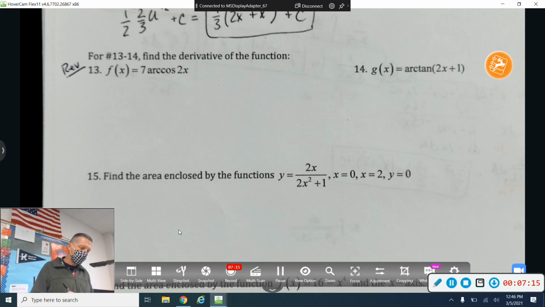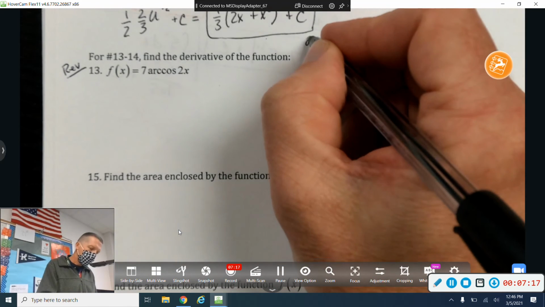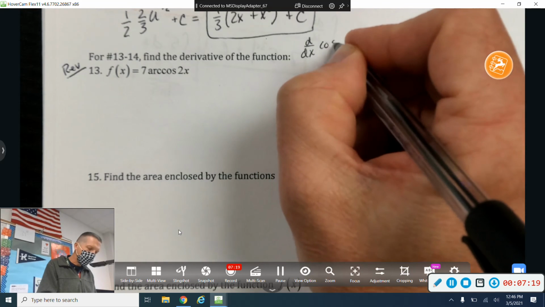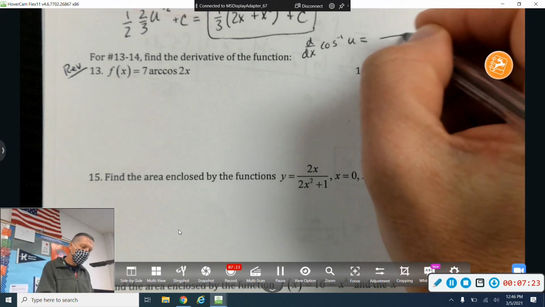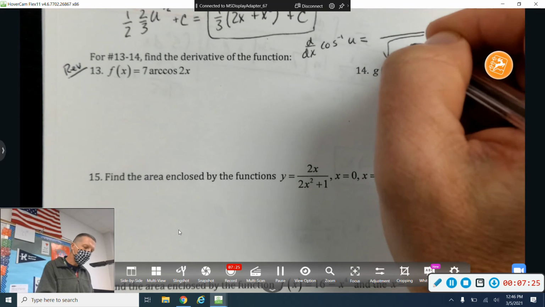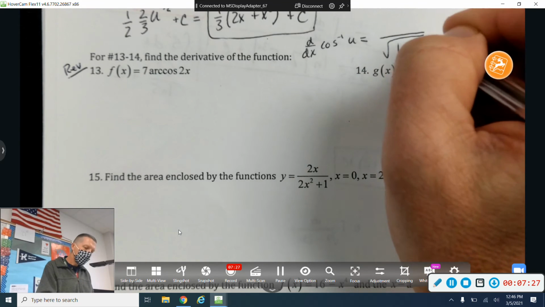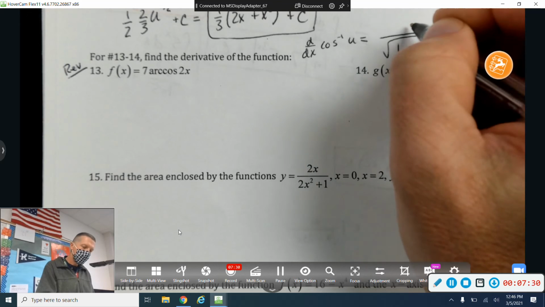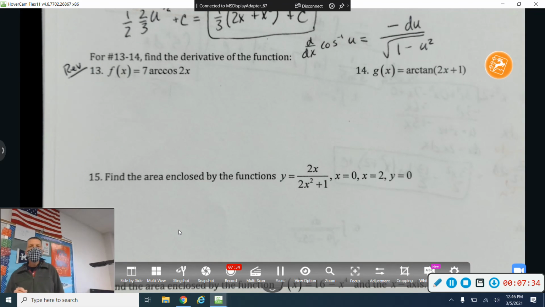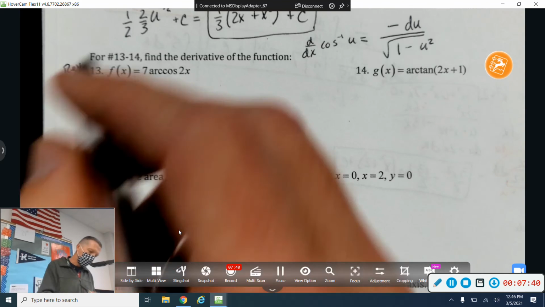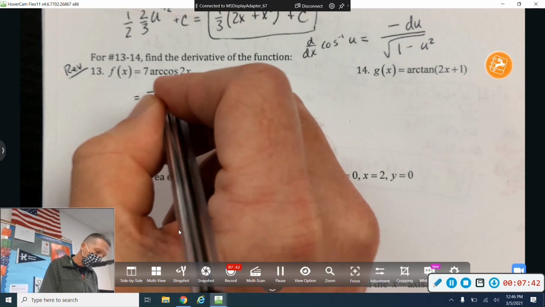Arc cosine. Maybe I write the rule out here to myself. Derivative of arc cosine. So sine and cosine look like that, but the cosine has a negative. So let's follow the pattern here. 7 won't do anything.